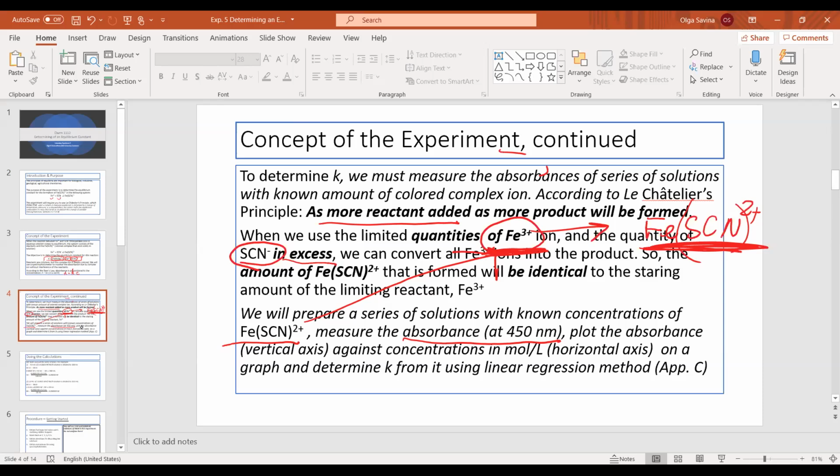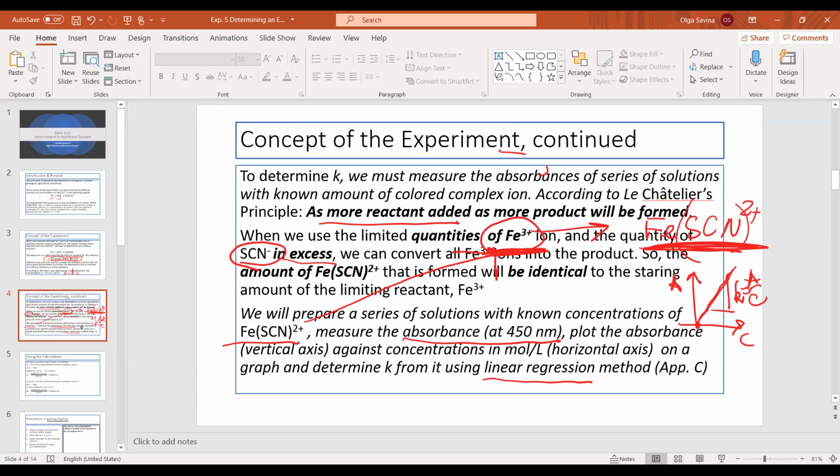Then we will plot the absorbance on the vertical axis and concentrations on the horizontal axis, and determine K from it using the linear regression method. We will build the graph, which will look like this. The straight line starts from the intercept, and our K is actually the slope. We will use the method of linear regression and calculate our K.